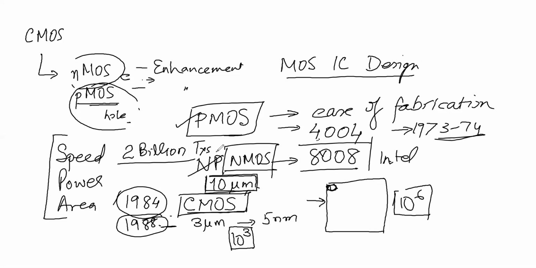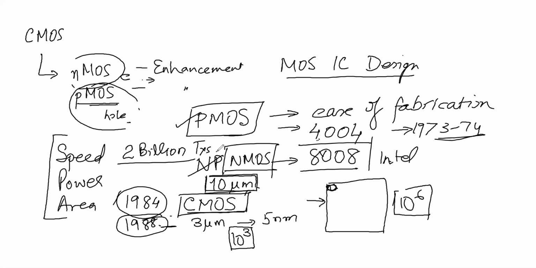What is lacking today is a design application. How do I make use of this many devices and do a meaningful operation which is viable in today's market? Today people are able to fabricate the whole system on a chip. So all those things are happening.